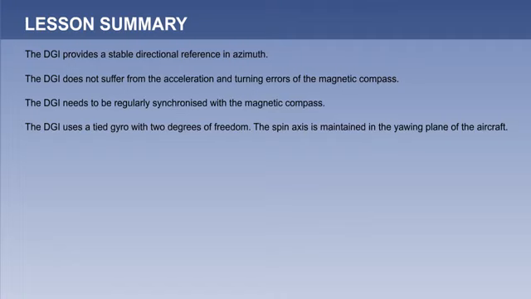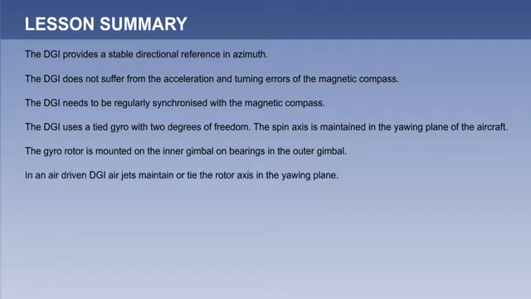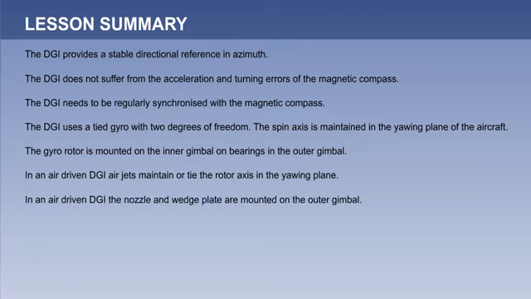The spin axis is maintained in the yawing plane of the aircraft. The gyro rotor is mounted on the inner gimbal on bearings in the outer gimbal. In an air-driven DGI, the use of air jets maintain or tie the rotor axis in the yawing plane of the aircraft. In an air-driven DGI, the nozzle and wedge plate are mounted on the outer gimbal.